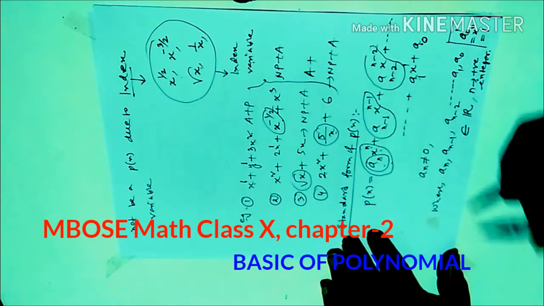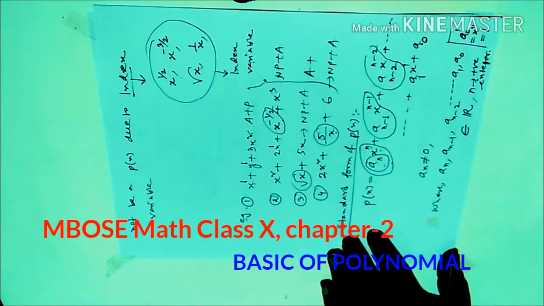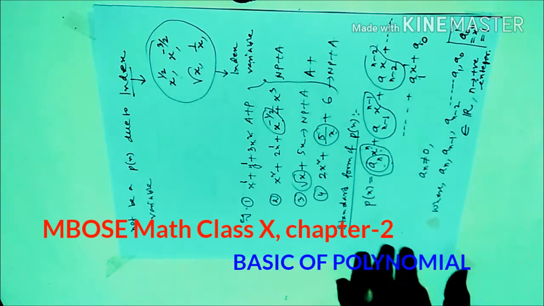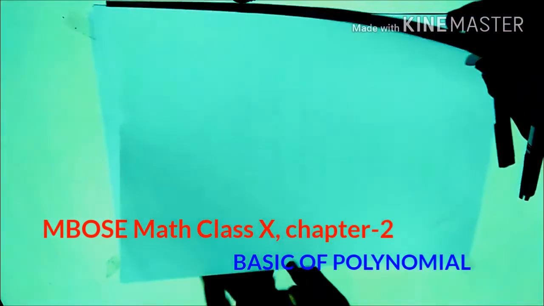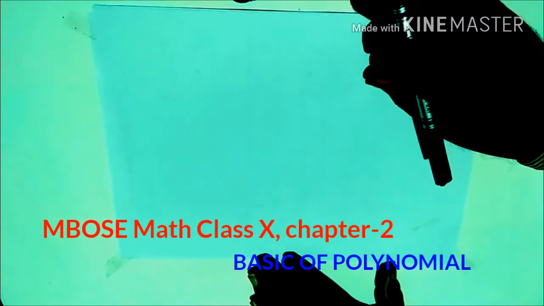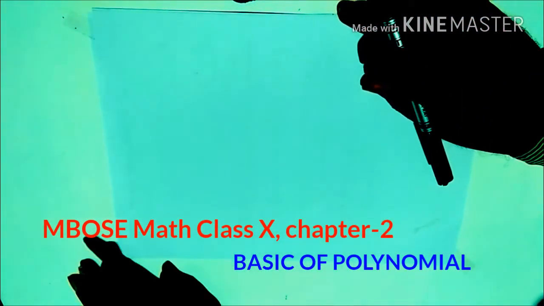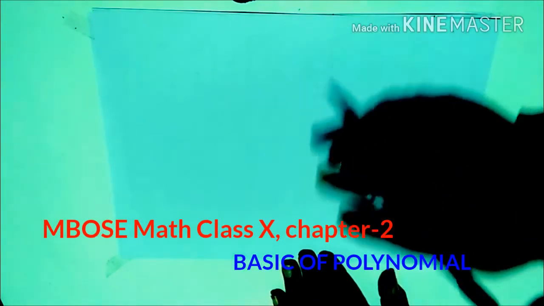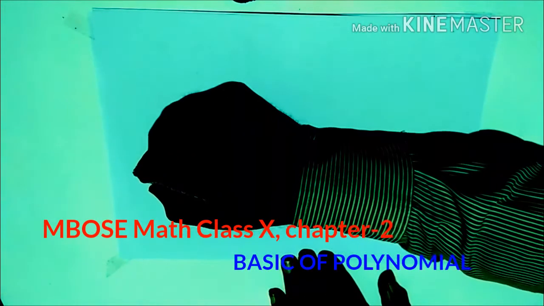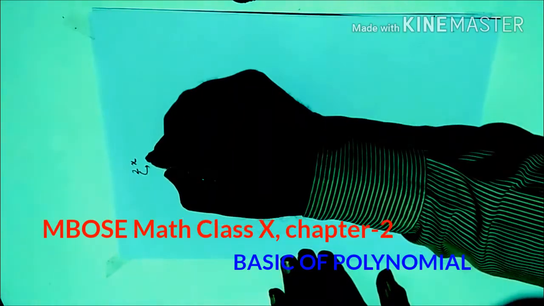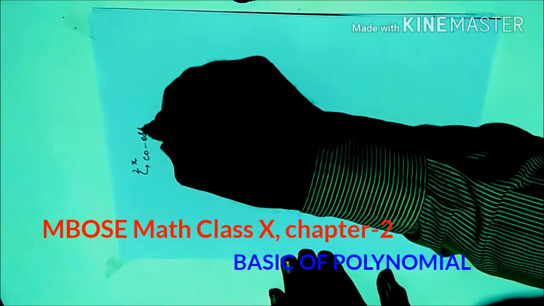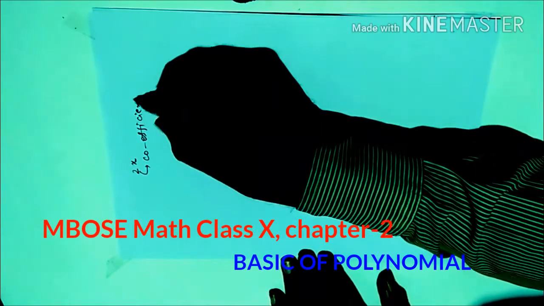I hope you understand. And next, here one thing I also want to share with you. What do you mean by coefficient? You know this from class 7, 8, 9. Coefficient means the number which is multiplied with the variable. Suppose here I give 2x, so this 2 is called the coefficient.